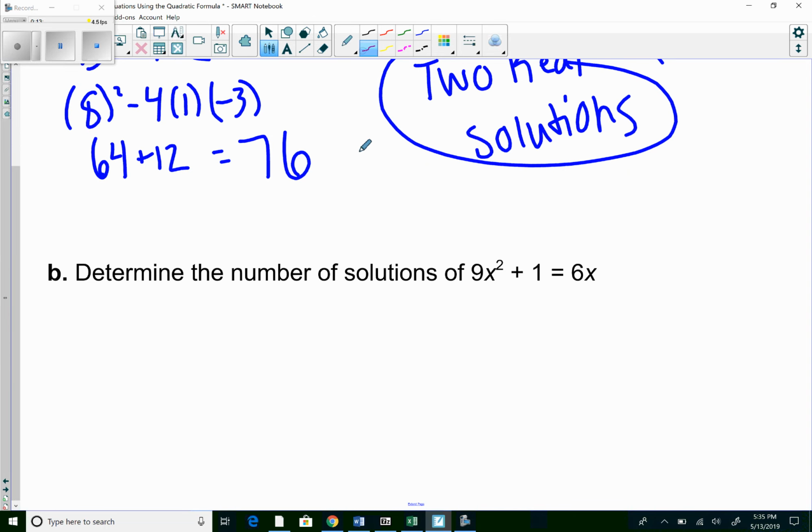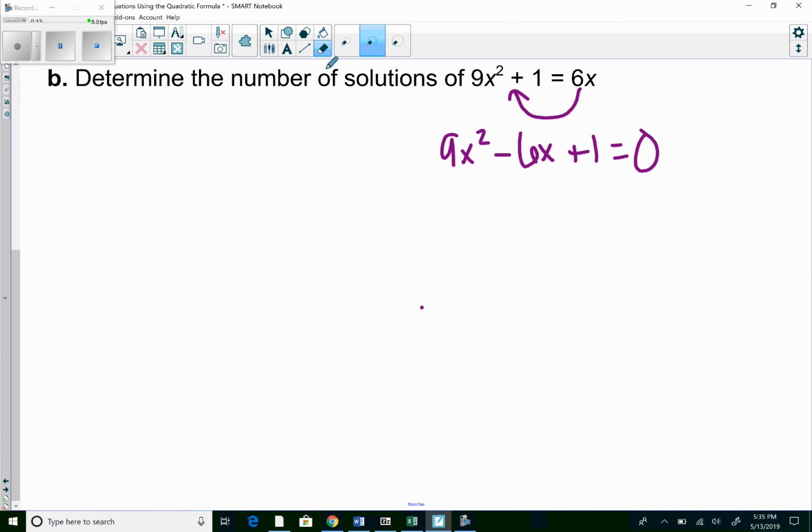Okay, now let's try this one. First thing you're going to want to do is get this over here. So you've got 9x squared minus 6x plus 1. And now that it's equal to 0, you're good to go. Okay, so your b term is negative 6.